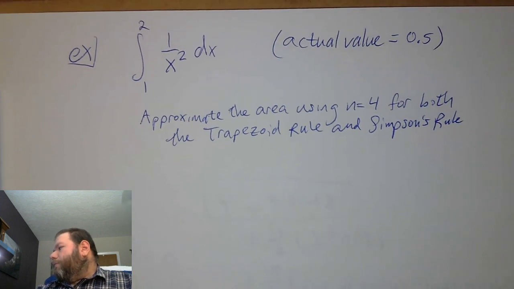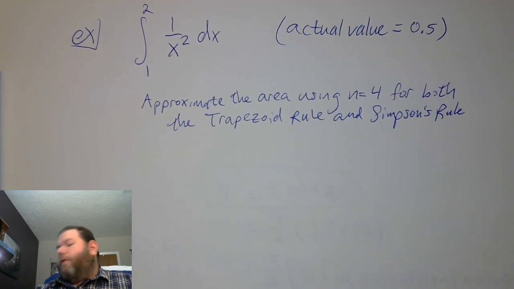Okay. Now my recommendation here is, before we calculate the actual value of the Trapezoidal Rule and the Simpson's Rule, let's get the function values first, which is the function values of this function, 1 over x squared.